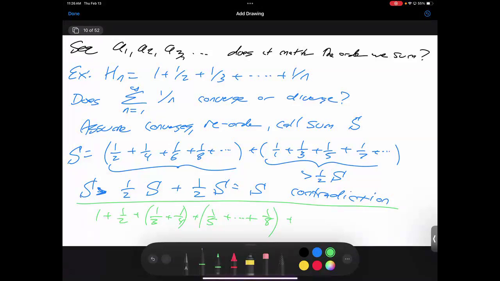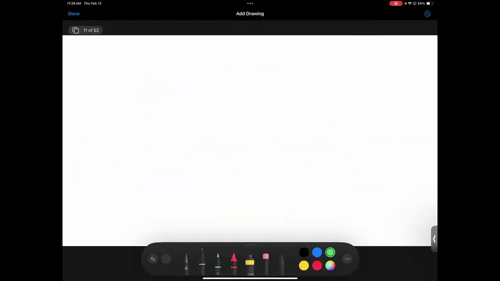When we look at blocks like this, 1/9 to 1/16, each of these blocks is at least 1/2. And it's a nice exercise, you can go through and get upper and lower bounds for summing a certain number of terms of the harmonic series, and you can actually get that it's growing like the log of n.